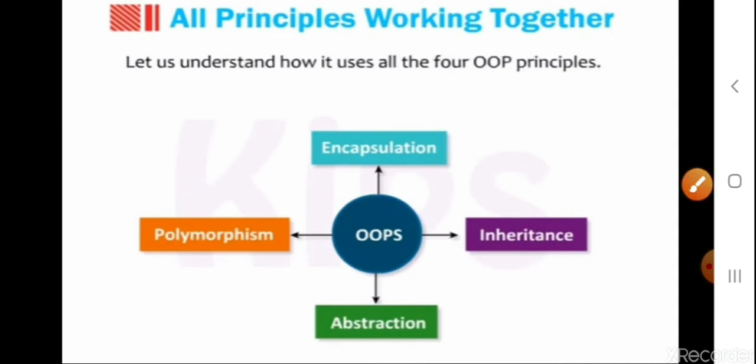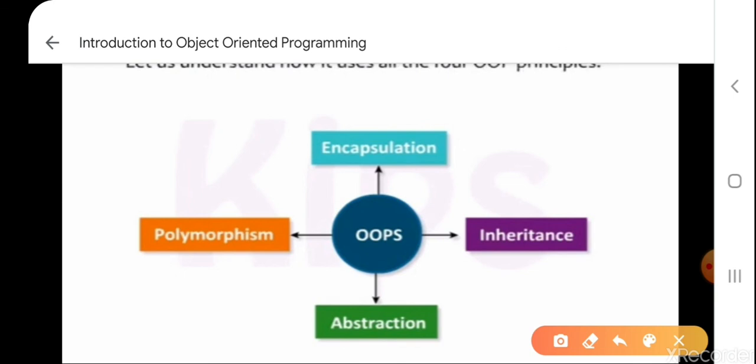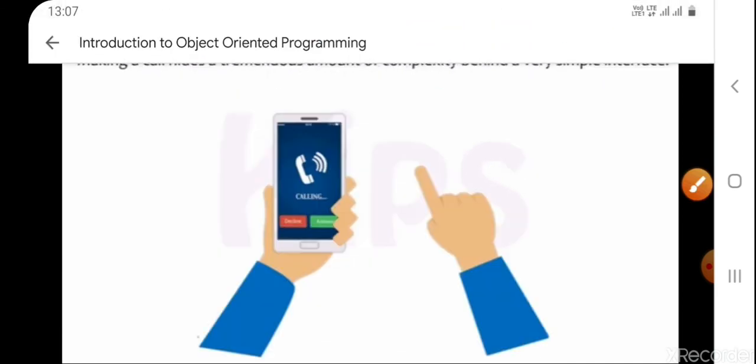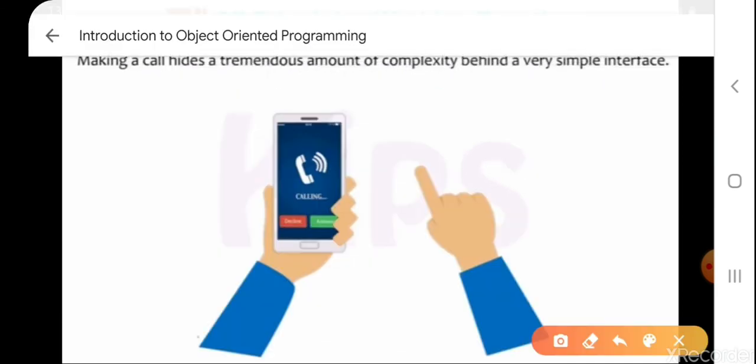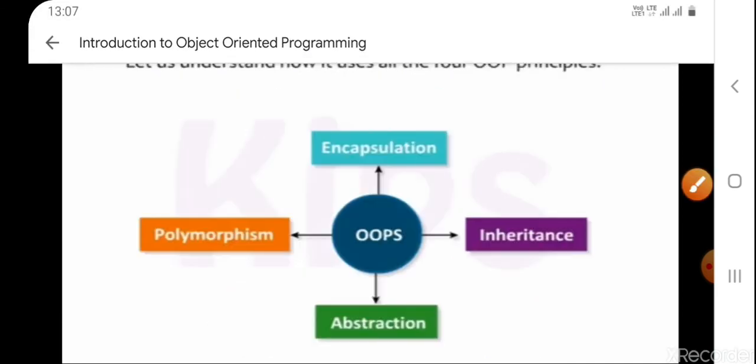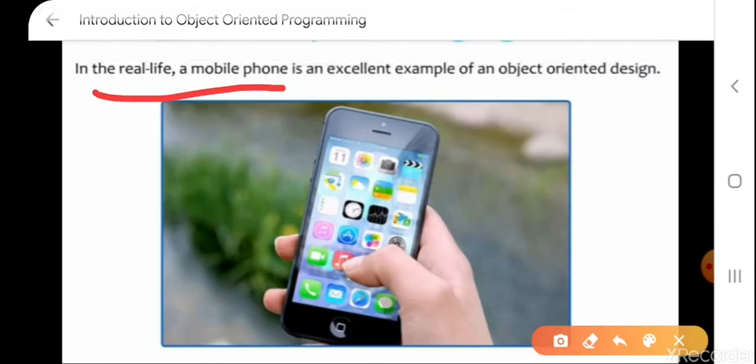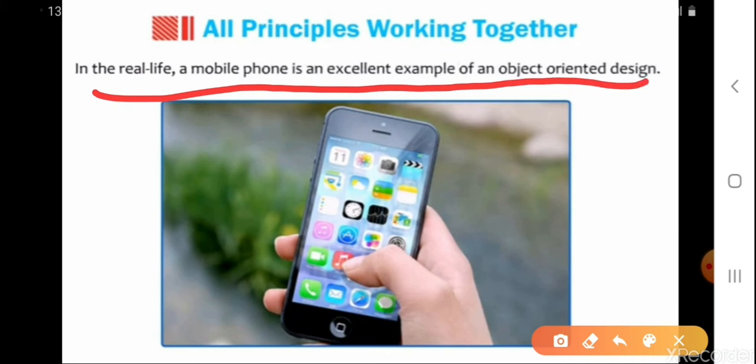Let us understand how all these functions are working together in object oriented programming. For example, in real life, a mobile phone is an excellent example of an object oriented design.